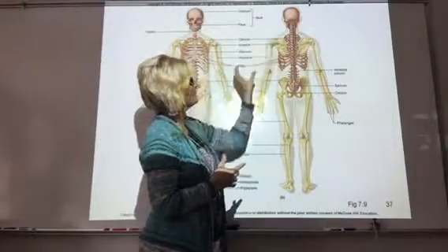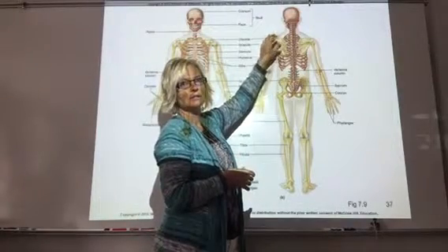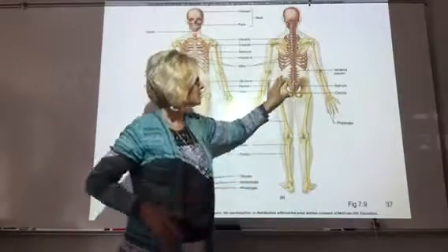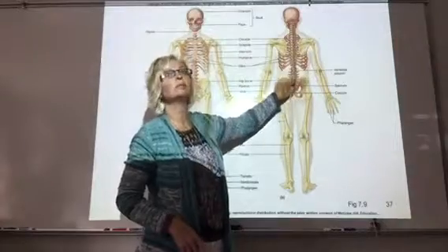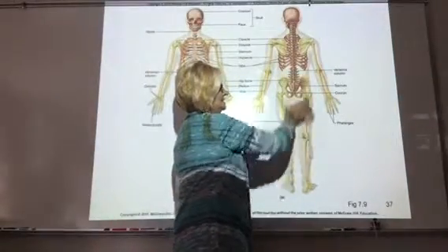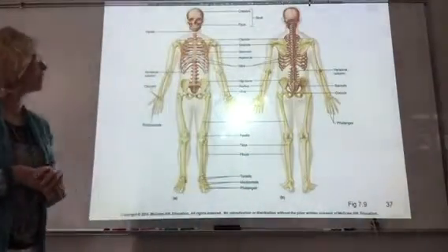All those are there for is to hook my arms to my axial skeleton. So this is part of appendicular. Your hips and legs attach to the axial skeleton. So your hips and legs are appendages that will attach to it.